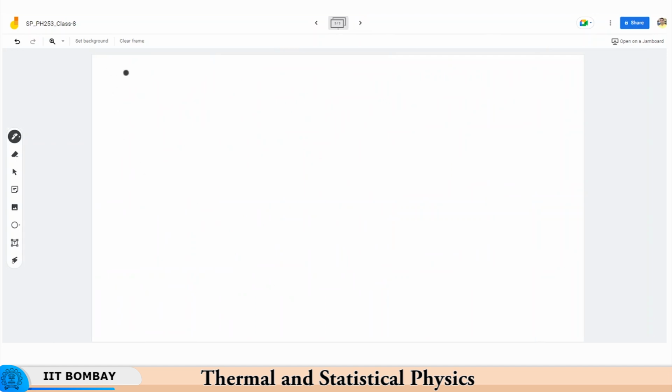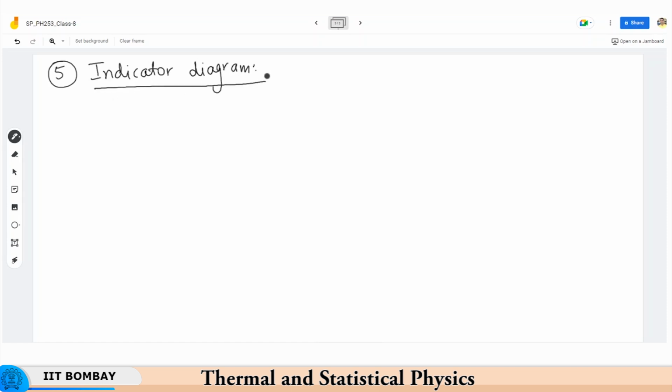And the other definition is what's known as the indicator diagram, and we have actually used it already. If you remember from two classes before, we were discussing Andrew's experiment.